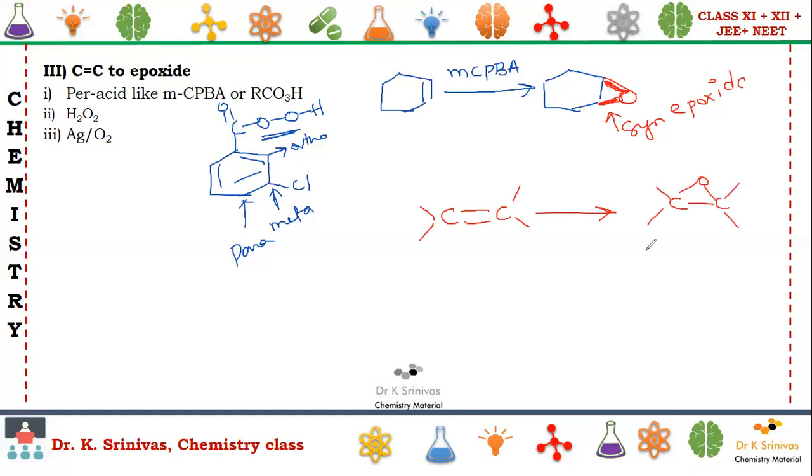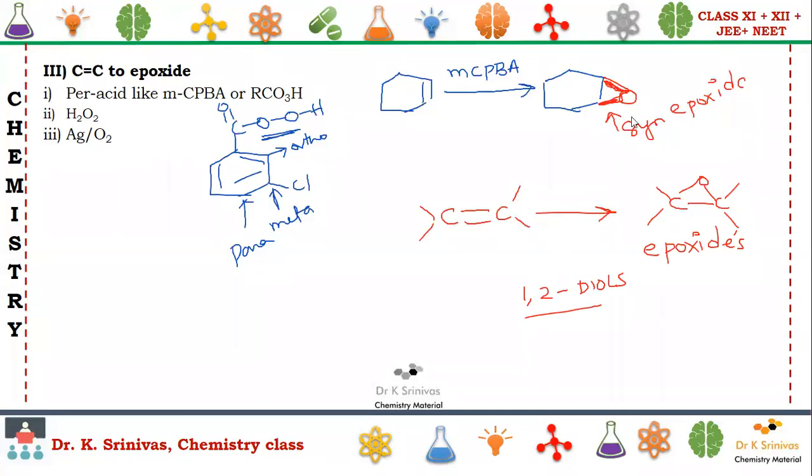These are nothing but epoxides. Do you understand, children? These play an important role in the opening of epoxide rings, where we are going to get 1,2-diols. We'll discuss those things next. Up to here, is it clear?